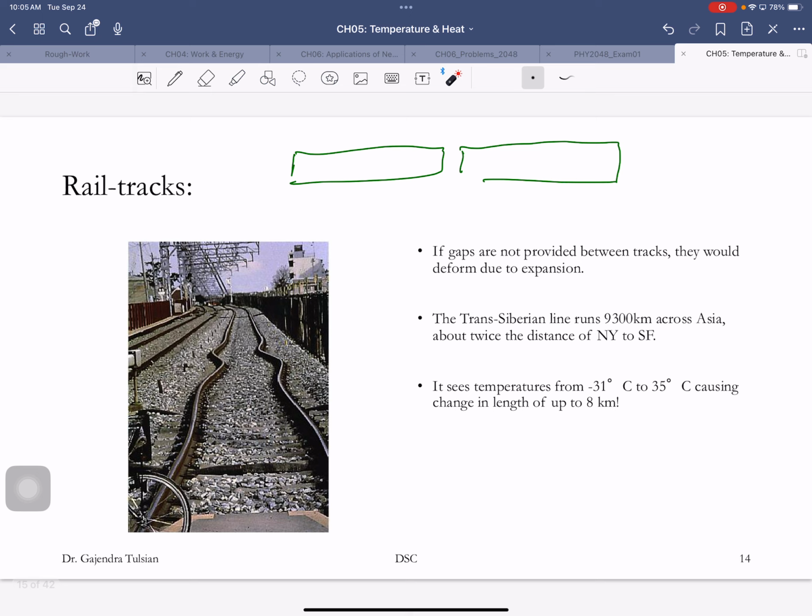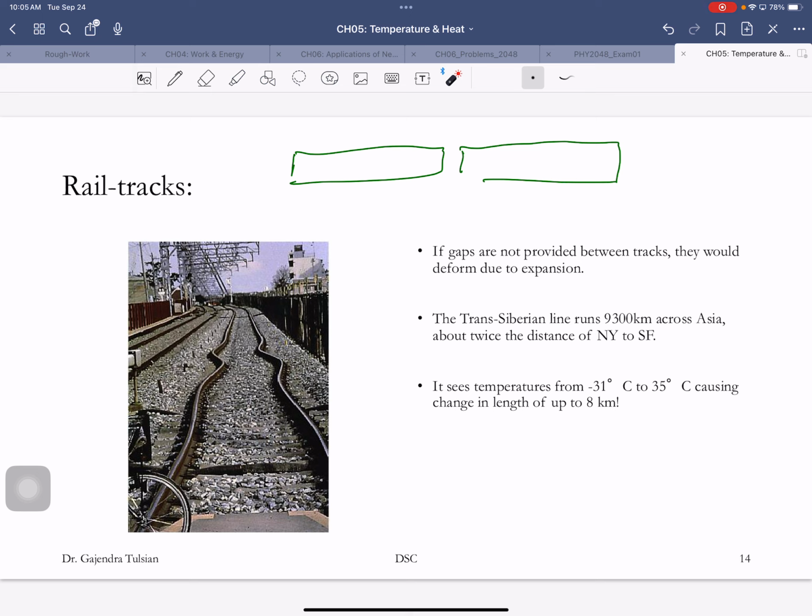Here's another example. For the trains, here's an amazing number. The Trans-Siberian line runs 9,300 kilometers. This is a train track that goes from St. Petersburg to Vladivostok in the east, and that's about 10,000 kilometers. That's going from here to San Francisco and back.